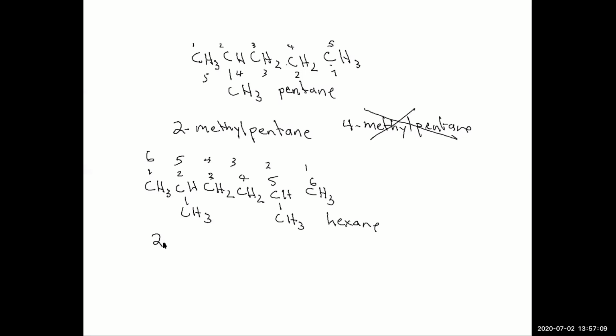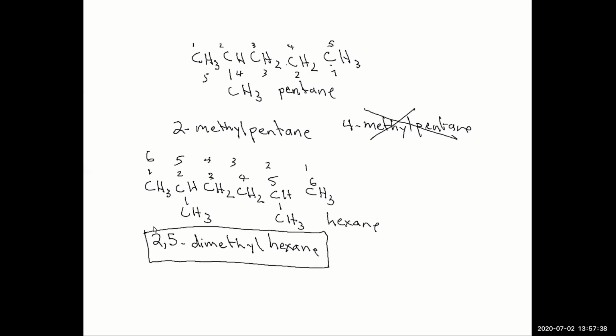So we put dimethyl, because there are 2 of them, 2,5-dimethyl hexane. If we number the other way, we also get 2,5-dimethyl hexane. So we can number from either direction and end up at the same answer.